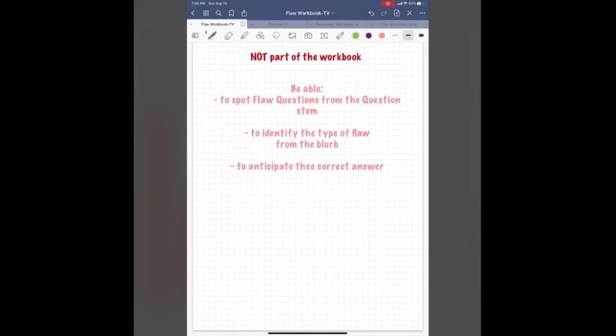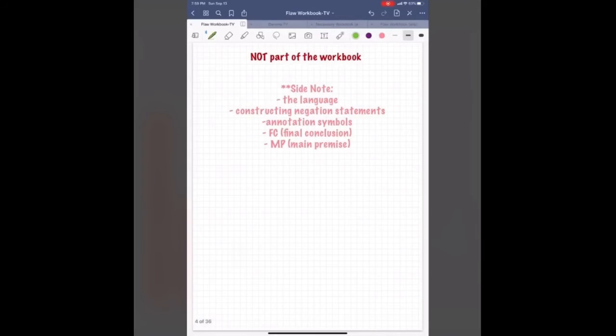This is a side note, but before learning the question types, we studied the language used in logical reasoning. We studied how to construct negation statements. We had to decide on consistent annotation symbols.